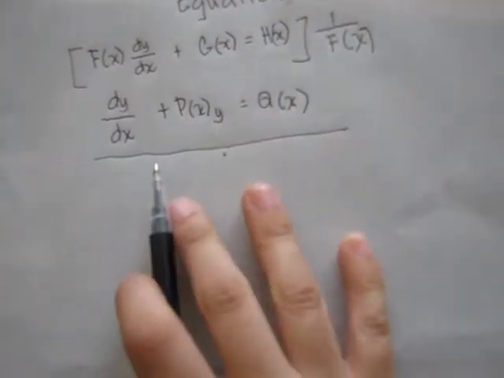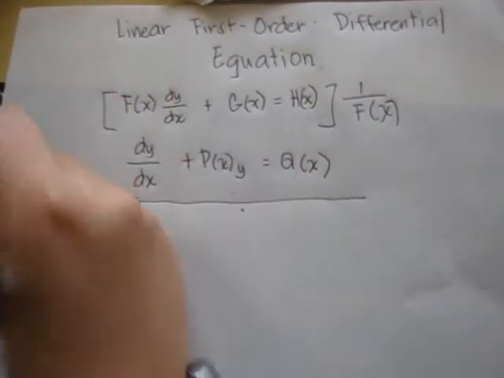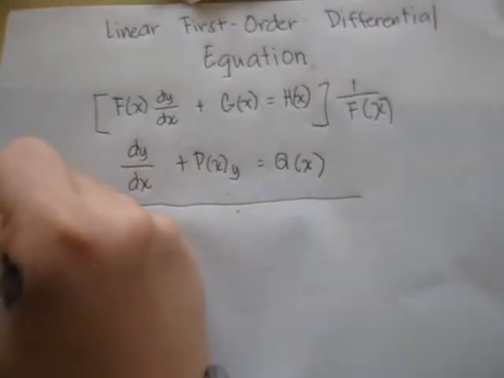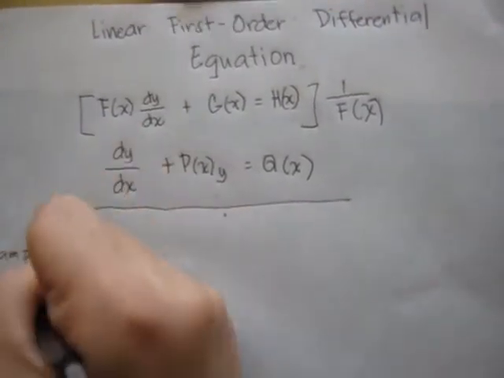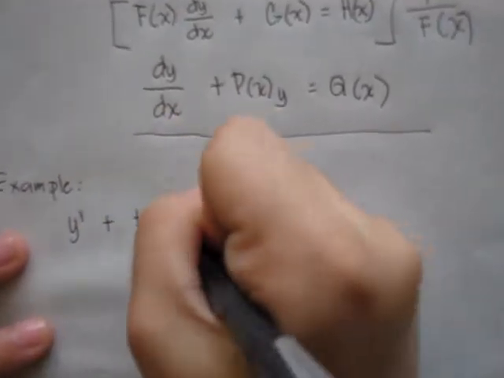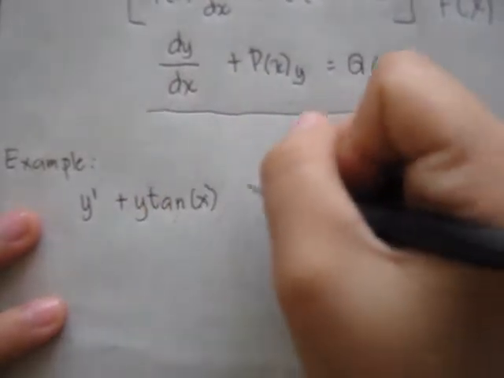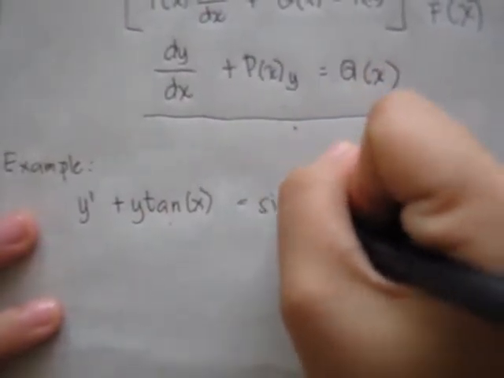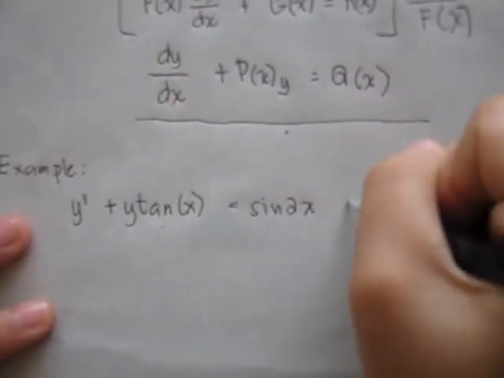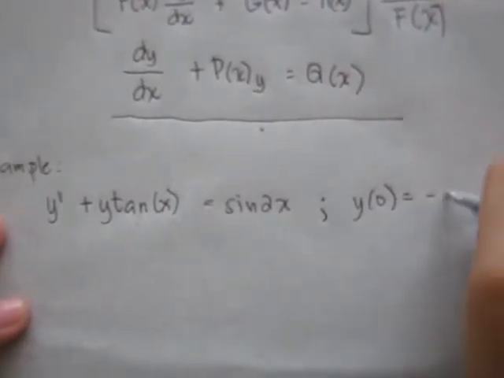So in order for us to know how to solve this one, let's have one example. We have y prime plus tan x times y is equal to sine 2x, where y of 0 is equal to negative 2.